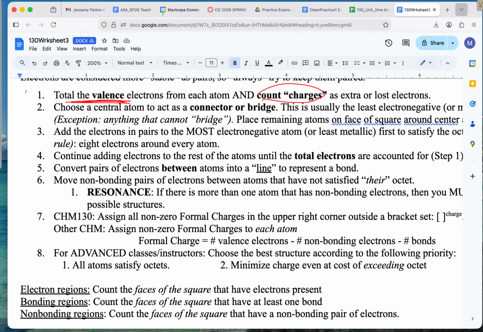When it comes to moving those non-bonding pairs, if there was more than one atom nearby that had non-bonding pairs, you're now moving into the realm of dealing with resonance. And if you encounter that scenario, you're now responsible for acknowledging all those possible conclusions, which means, yes, drawing multiple structures.